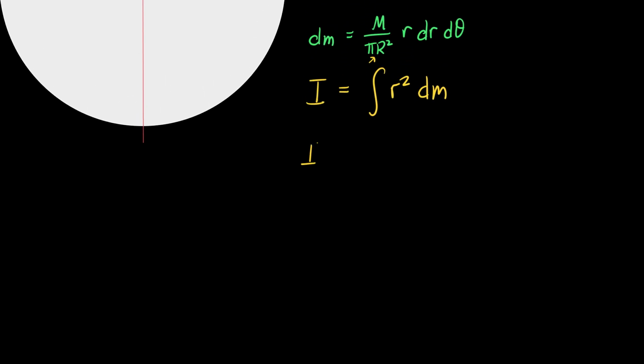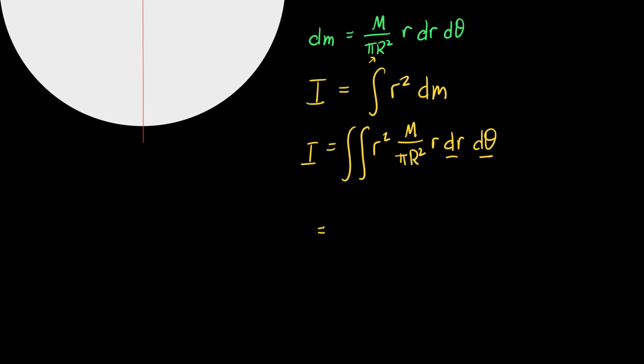So I equals the integral of r squared times dm, which is m over pi r squared r dr d theta. All right, there's two integrating variables, so I will add my second integration there. I will drop down a line to deal with anything that's a constant. I think there's a bunch of constants. I think they're all right there.